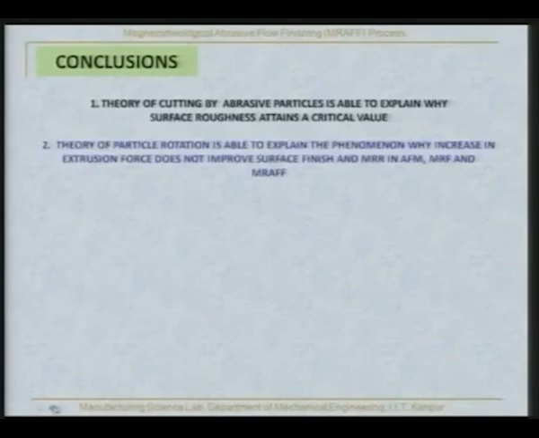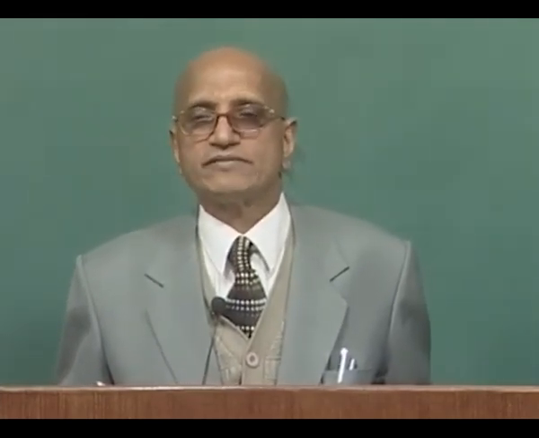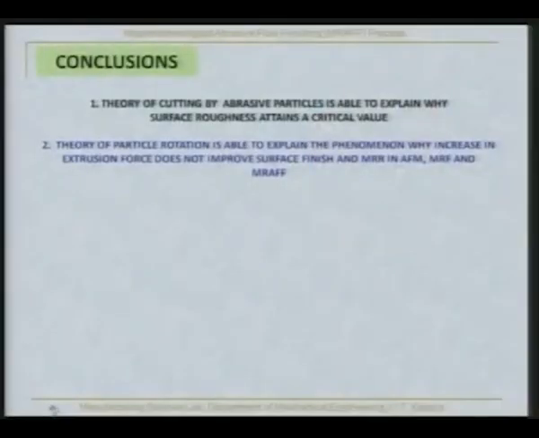So, conclusions from this particular section, that is on micro nano finishing, are as follows. The theory of cutting by abrasive particles is able to explain why surface roughness attains a critical value, especially in the case of processes like magnetorheological finishing, abrasive flow finishing or magnetorheological abrasive flow finishing processes, or the magnetic abrasive finishing process.